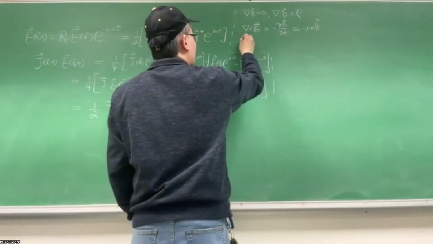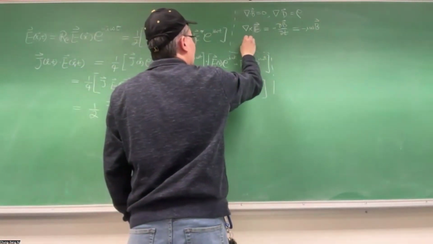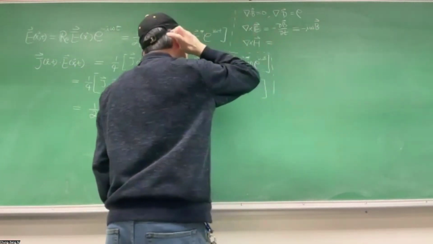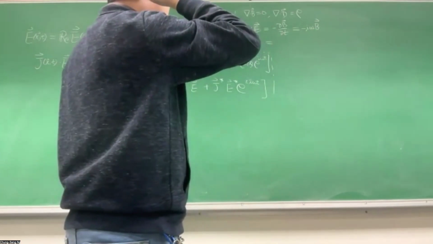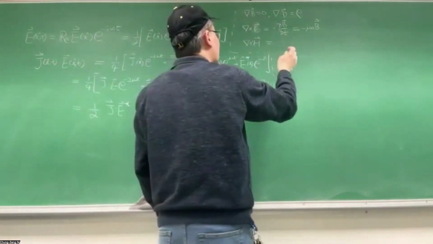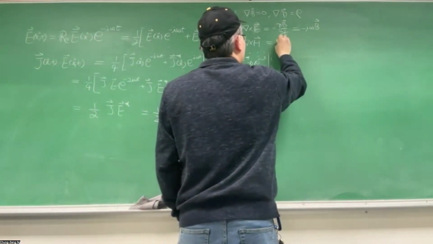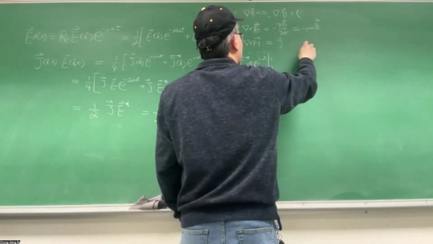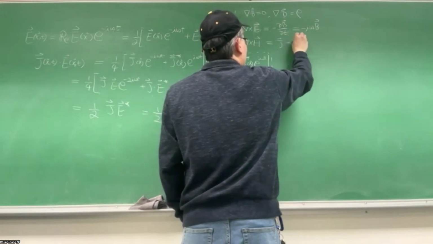And then Ampere's law, you have curl H equals the J term, which doesn't change, and then you have the partial D partial T. Now that changes to plus I omega D.